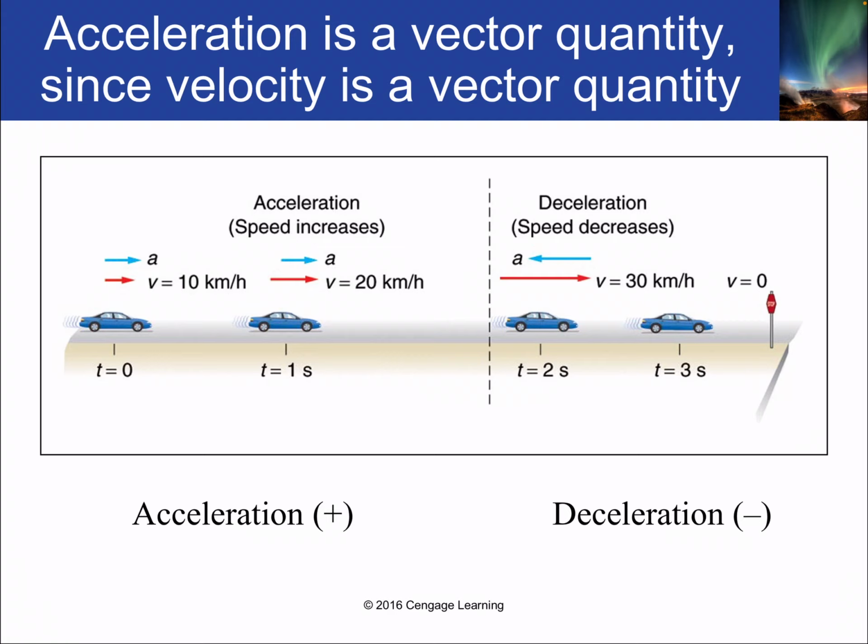Now, in the picture on the right, however, notice the acceleration vector is in the opposite direction of our velocity vector. So therefore, we know that our speed's decreasing or we're decelerating. So we're slowing down instead of speeding up when those two vectors are pointing in opposite directions.